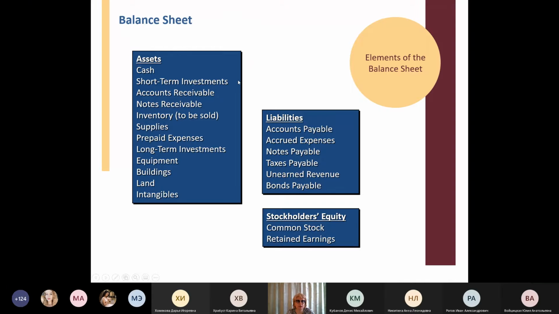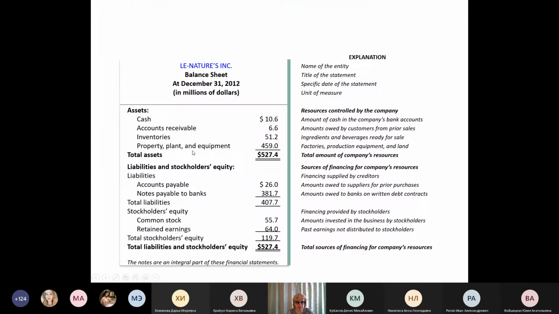So this is the list of typical items in every component of the balance sheet. Assets: in our course we learn in detail some of these items, not all of them, because this is the basic course. We also discuss liabilities and stockholders' equity in order to understand the main principles and rules for disclosing these items in financial statements.